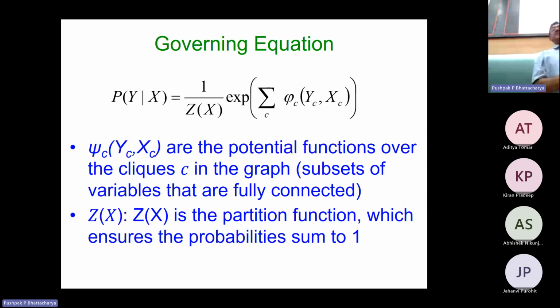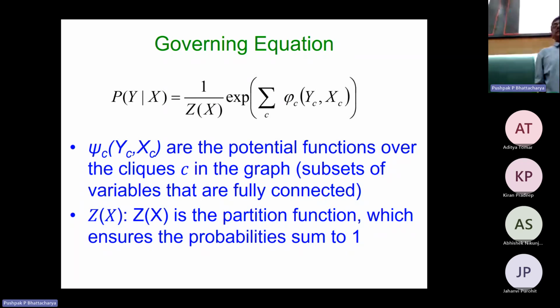The governing equation for this probability, Y given X, is given by this template: 1 by Zx multiplied by e to the power sigma over c of psi c (yc, xc). This is the formula.